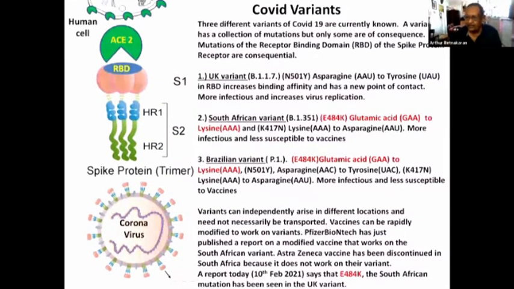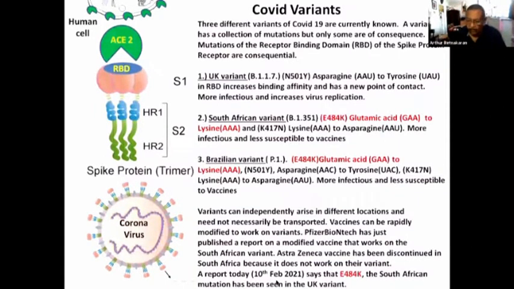This new vaccine will work against the mutant, and they can use it as a booster shot and protect the person. So we have to keep track of that and keep sequencing these things to find out what is seen in the public and what type of vaccines we have to use.